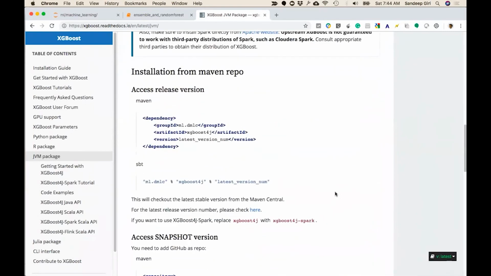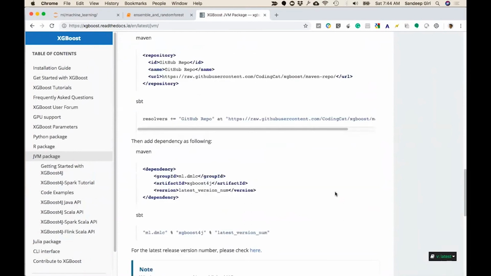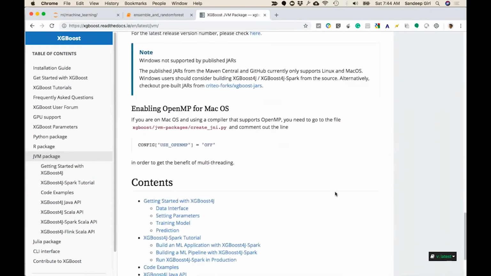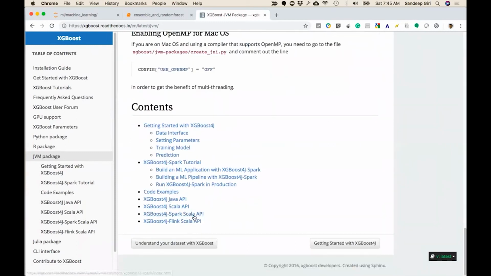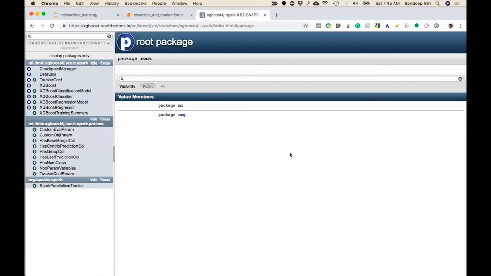Okay, so there's also something called OpenMP. OpenMP is another way of parallelizing your task. In case you're planning to parallelize things, you can also use OpenMP, and it works very well. Looks like they have made a Spark API available.